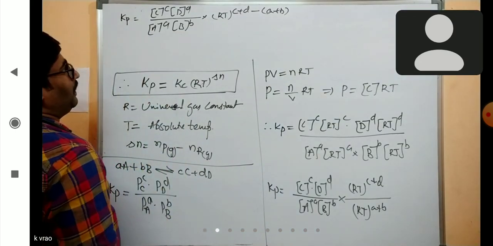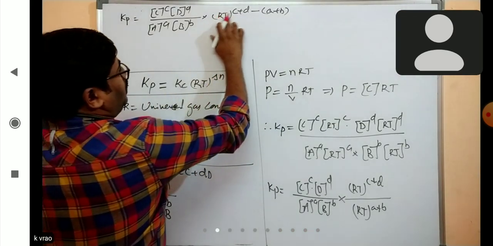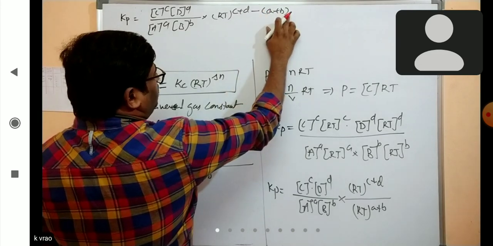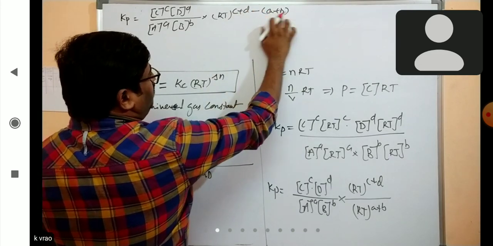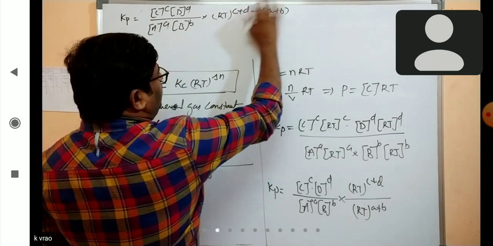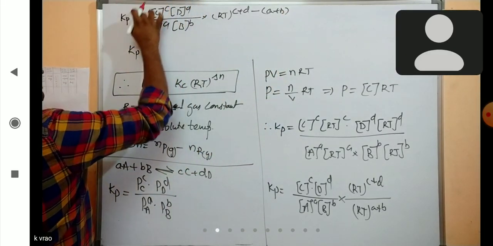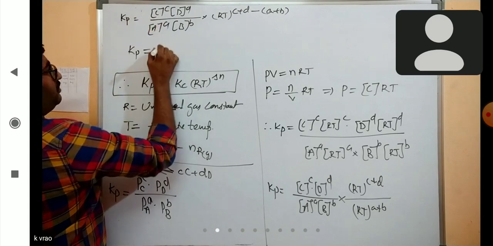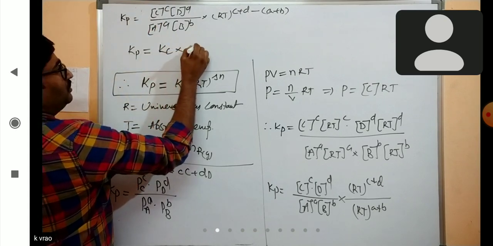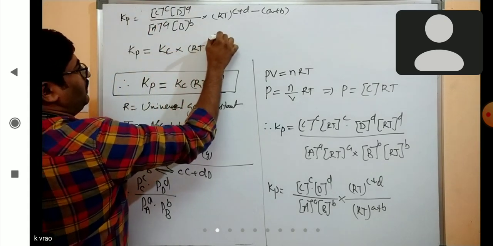So RT power c plus d minus a plus b, number of moles of products minus number of moles of reactants, that is delta n. So Kp is equal to, this total value is the Kc expression, Kc into RT power delta n.